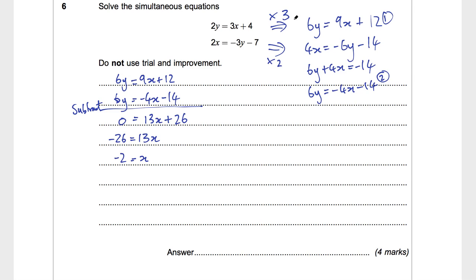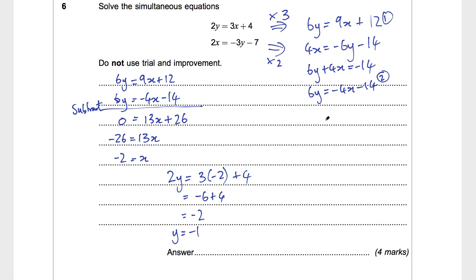If x equals minus 2, then I'm going to sub that into this equation here. So 2y equals 3 lots of minus 2 plus 4 equals minus 6 plus 4 equals minus 2. y equals minus 1.